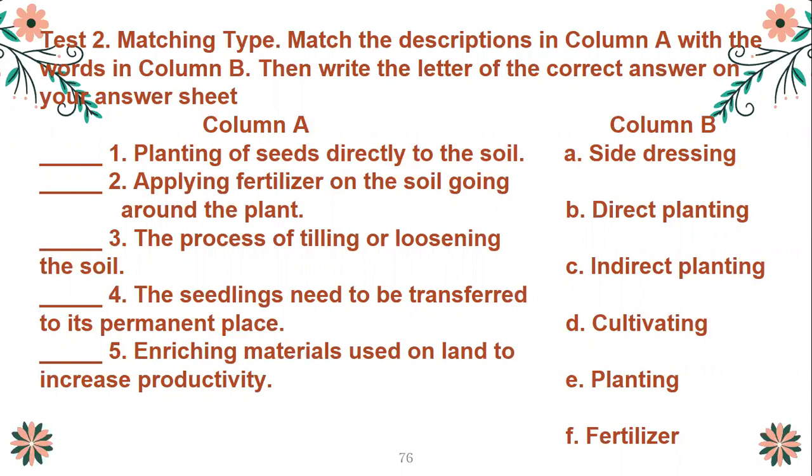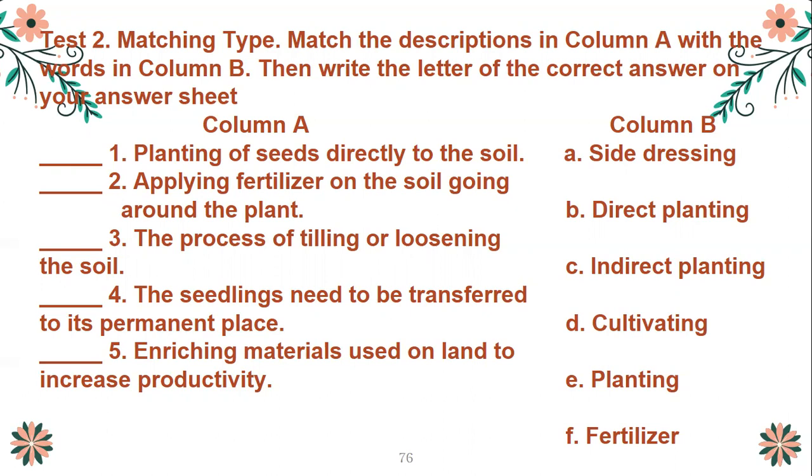You have to choose from column B. Is it side dressing, direct planting, indirect planting, cultivating, planting, or fertilizer? Then number 2, applying fertilizer on the soil going around the plant. Number 3, the process of tilling or loosening the soil. Number 4, the seedlings needed to be transferred to its permanent place. And number 5, enriching materials used on land to increase productivity.